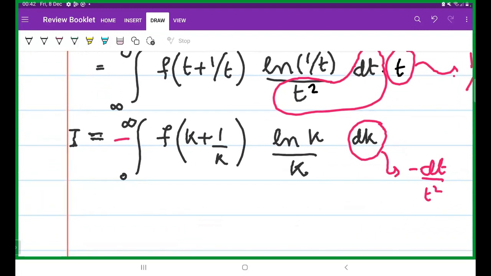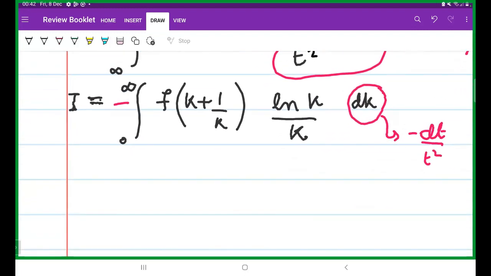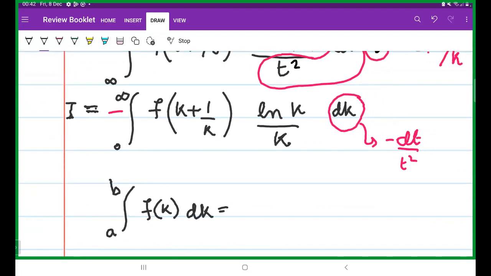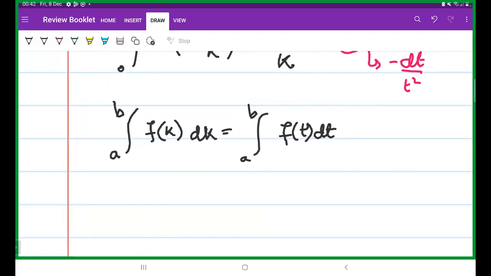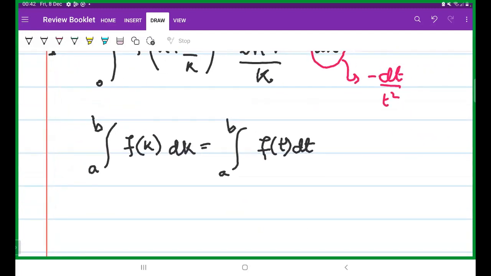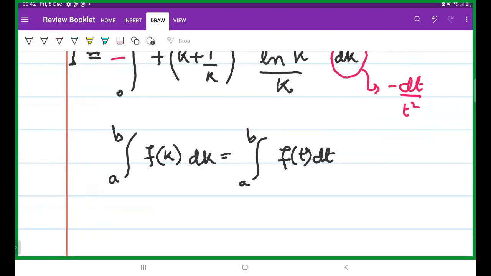All right. So if we replace this k with t, now we know that integration a to b f(k) dk will also be equal to integration a to b f(t) dt, right? We have just changed the variable, nothing else. Both these integrals will remain the same.